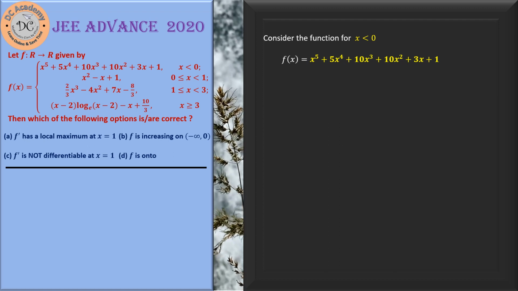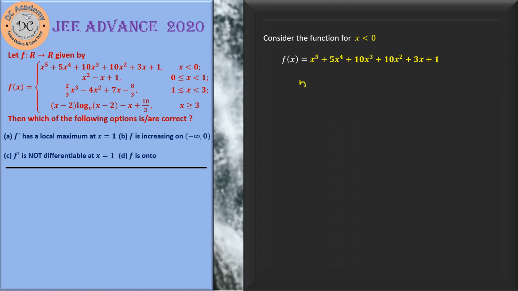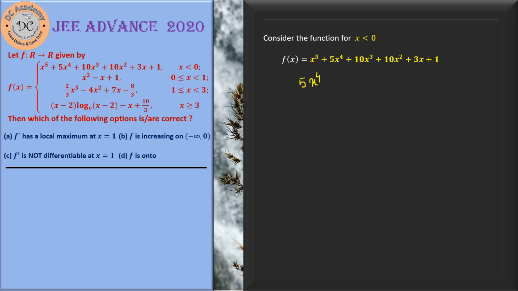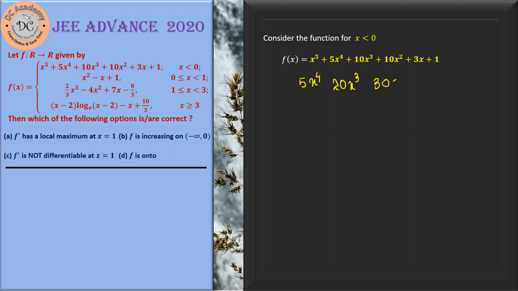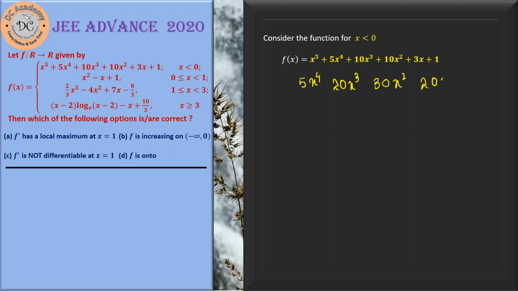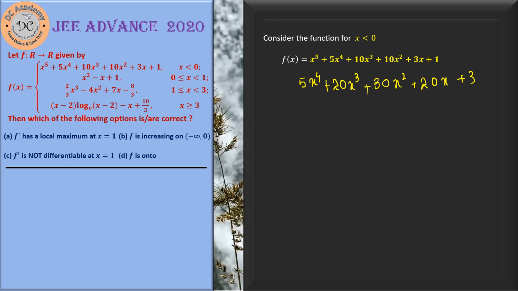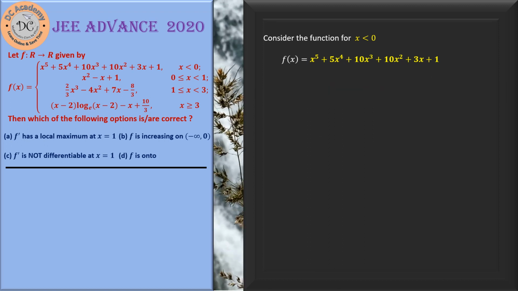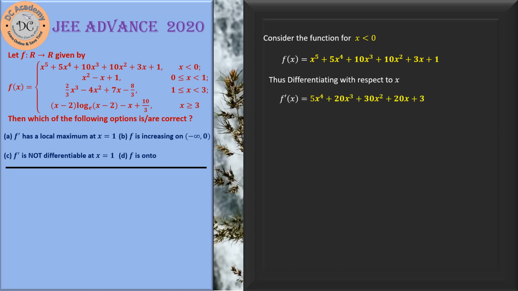The x to the power 5 becomes 5x to the power 4, then 20x cubed, then 30x squared, then 20x plus 3, all added with plus signs. So let's write down the expression of f'(x).